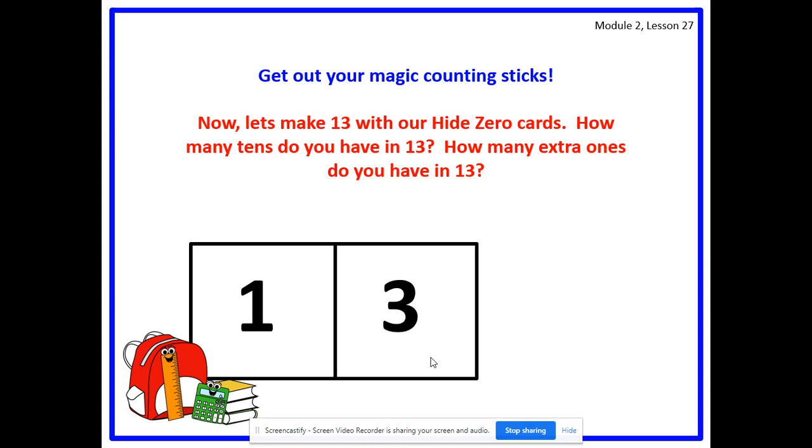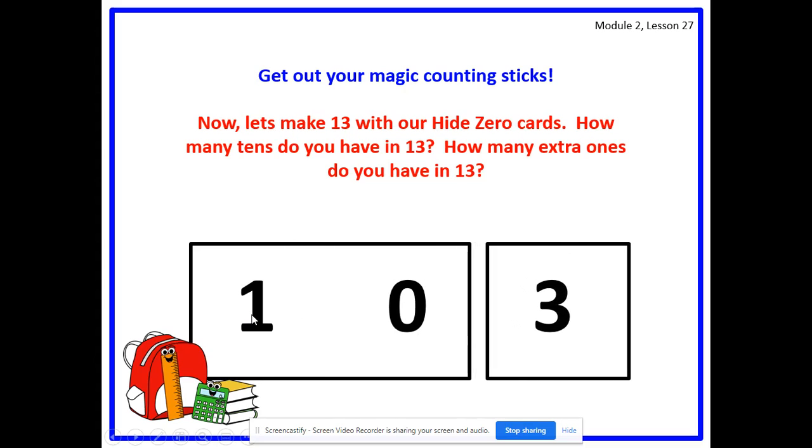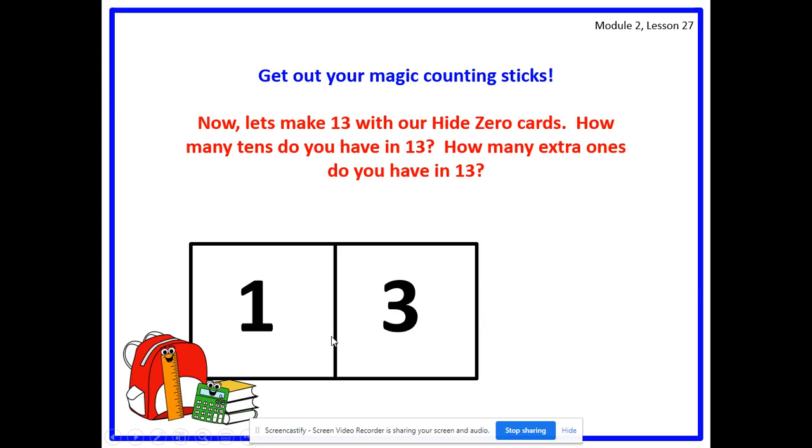Yes, 3 more. Now, we're going to make 13 with our hide 0 cards right here. So it's like this. We put a 10 and a 3 together, and that's how we make 13. So how many 10s do you have in 13? Get ready. 1 10.